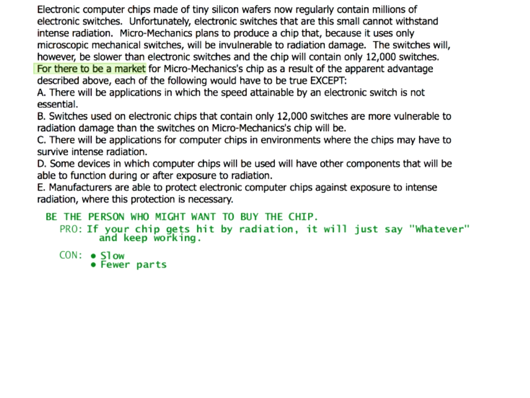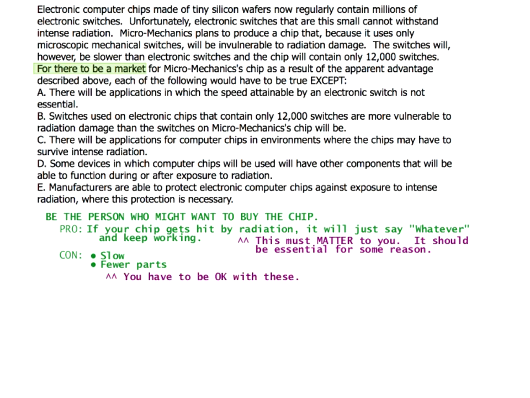If you want to buy something, this needs to be important to you, because otherwise you're not going to want the trade-offs. And the cost is not described here, so maybe you take trade-offs for a savings in cost, but they don't discuss that. And then, as far as the cons go, it's like anything else. You have to be okay with this, too.